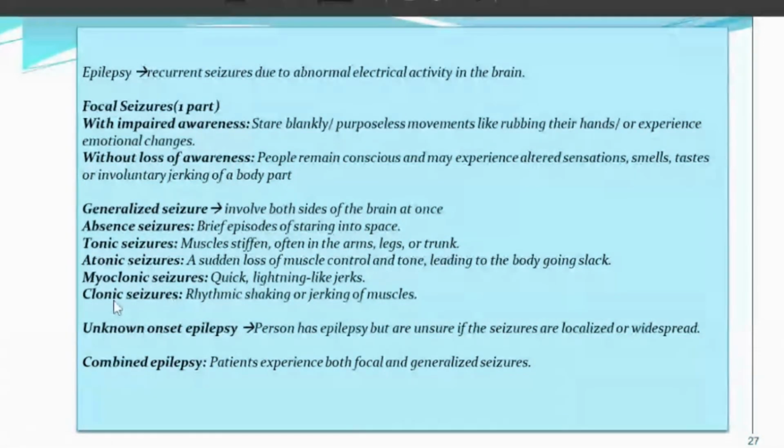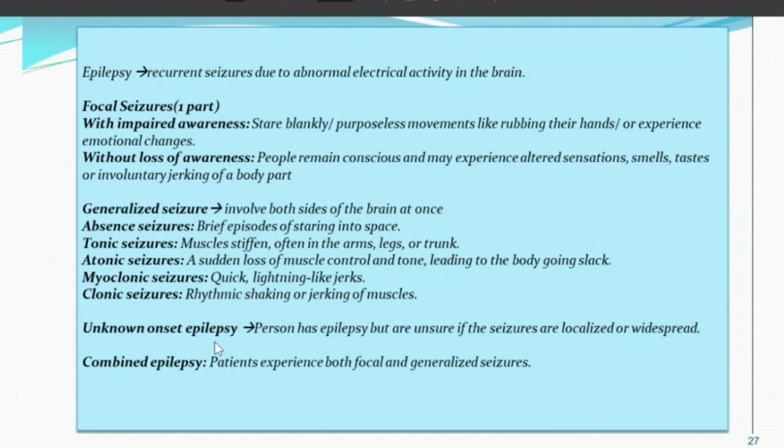And clonic seizure means there will be rhythmic shaking. पूरी बॉडी की rhythmic shaking होगी, because this is a type of generalized seizure, not a type of focal seizure. Focal seizure में maybe a body part is only jerking. Here the complete body may be doing rhythm. जैसे हमने देखा है pictures में ना, we have seen in movies, they show how seizures come to a particular person. That kind of thing is happening in clonic seizure.